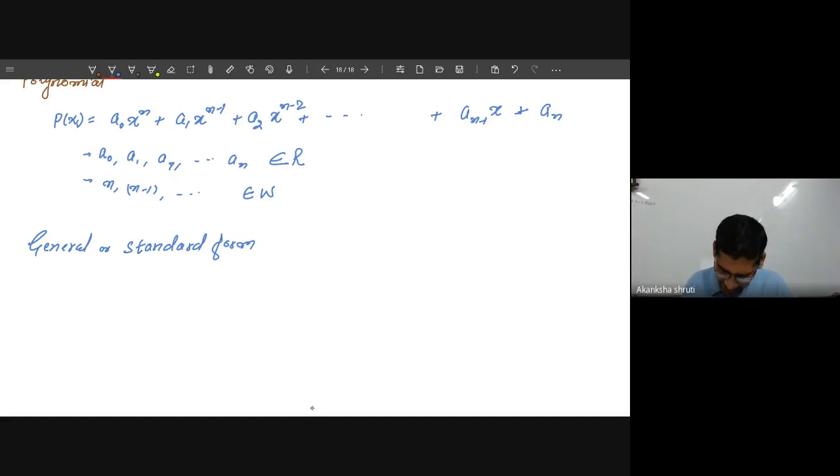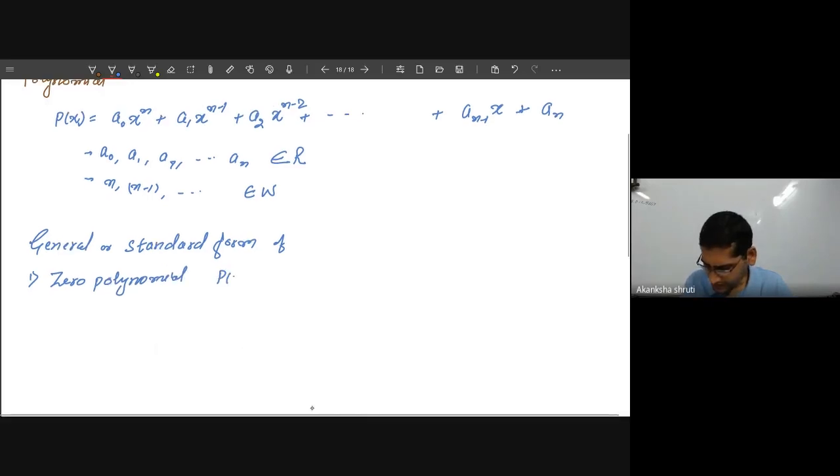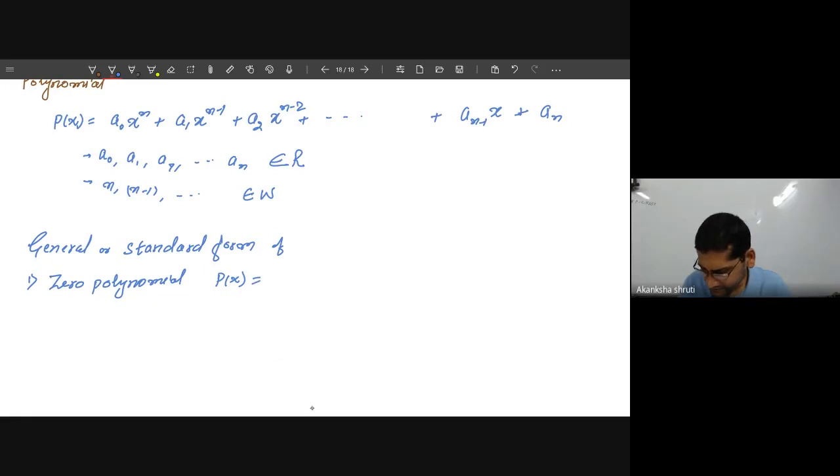So the first one was our zero polynomial, the polynomial having only zero is called a zero polynomial. It is only and only one, nothing else.